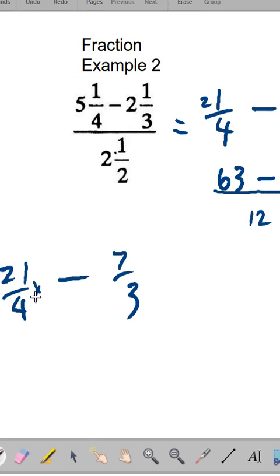If I multiply 4 by 3 and multiply 3 by 4, I'm going to have denominators of 12 each. But if I multiply this 4 by 3 under here, I must multiply the top by 3 as well, 21 by 3.